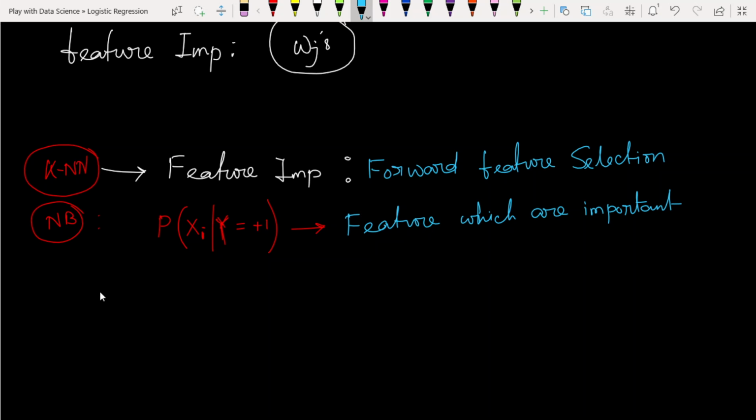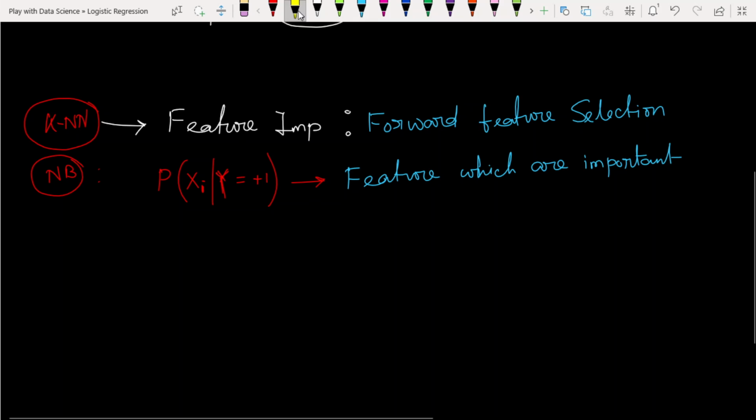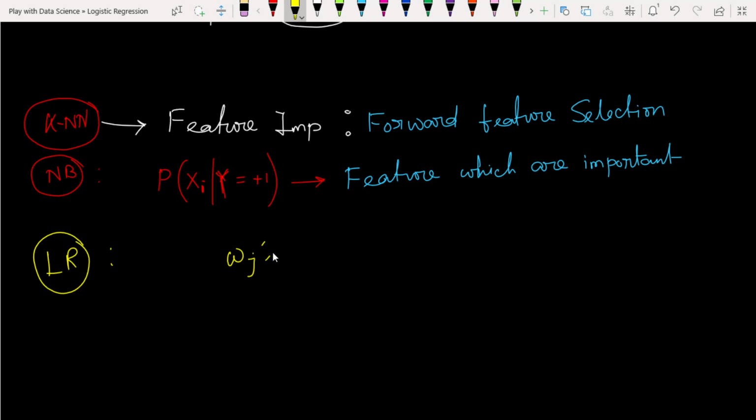In logistic regression, we use the weight vector, the components of the weight vector, to determine our important features.